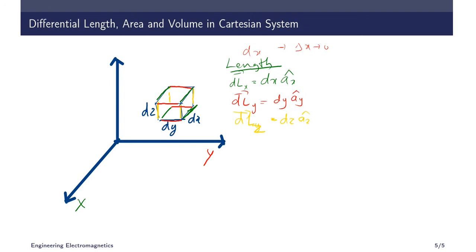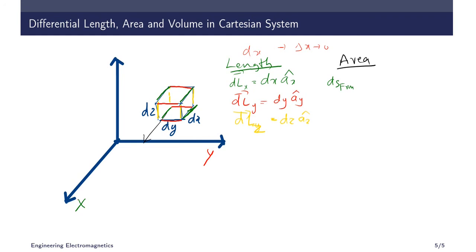Now about the area. So we want to study the area. First, how many surfaces does a cube have? The cube has 6 surfaces. We'll see the front surface, which is directed towards the x-axis. So we want ds front.